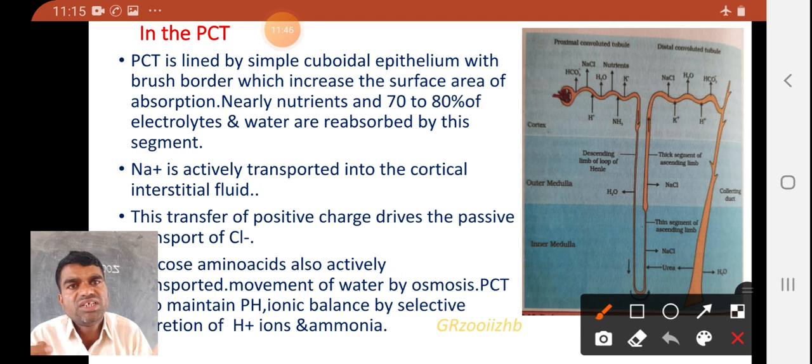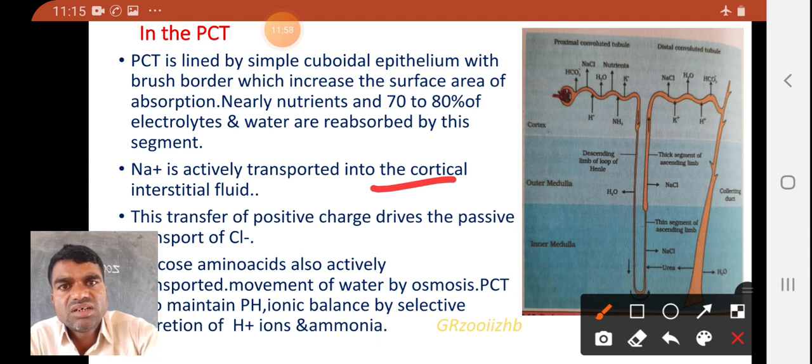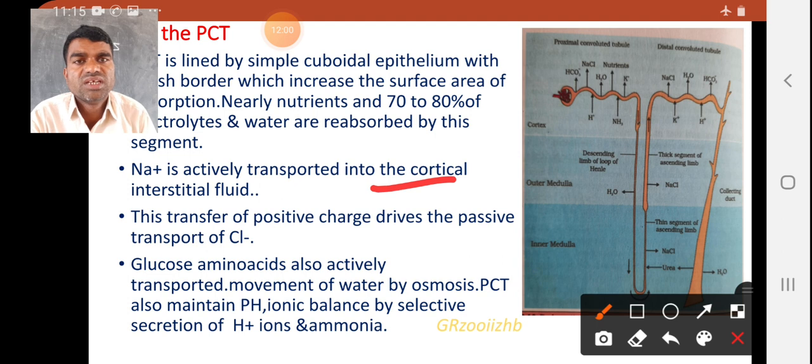Na+ is actively transported into the cortical interstitial fluid. This transfer of positive charge drives the passive transport of Cl- ions, that is, chloride ions.